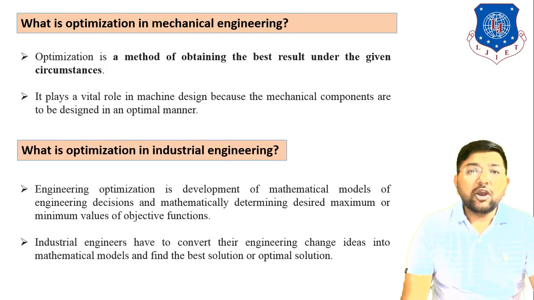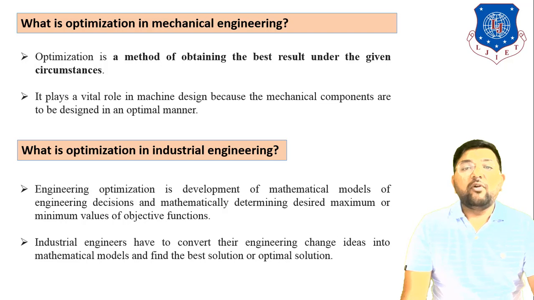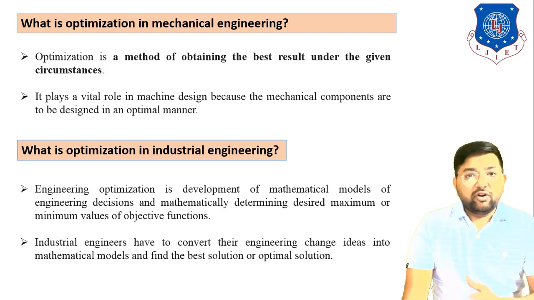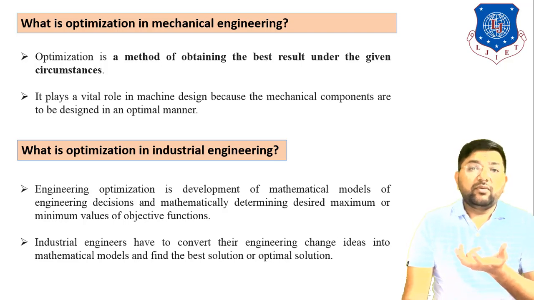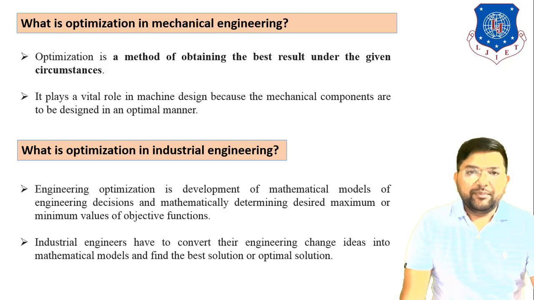Now what is optimization in industrial engineering? Optimization occurs in various fields: mechanical engineering, industrial engineering, design engineering. Engineering optimization is the development of a mathematical model of an engineering decision and mathematically determining the desired maximum or minimum value of the objective function. So in optimization, first of all, we have to define the function for the maximum value as well as for the minimum value.